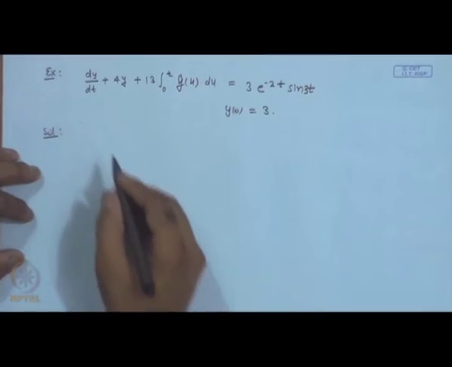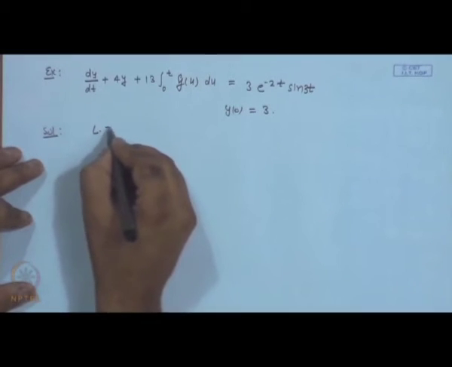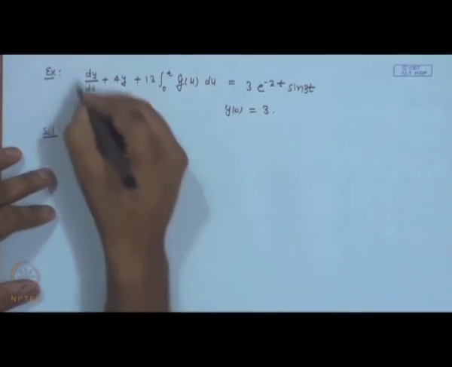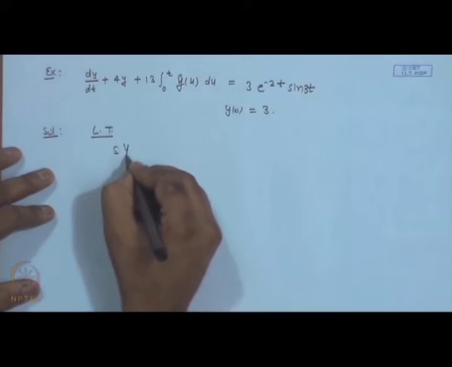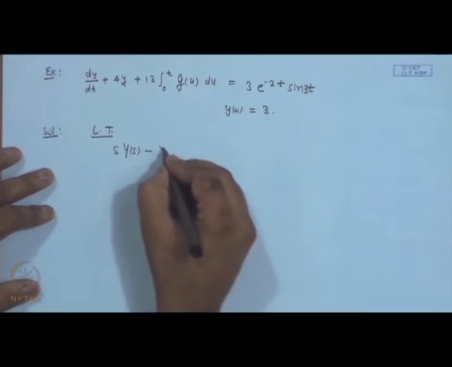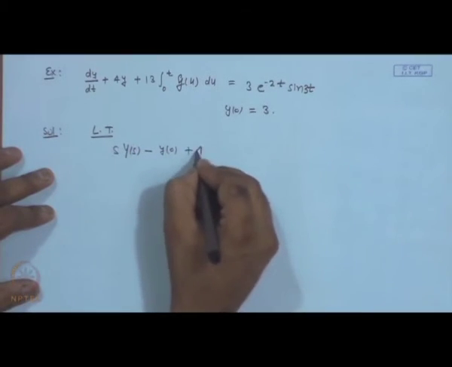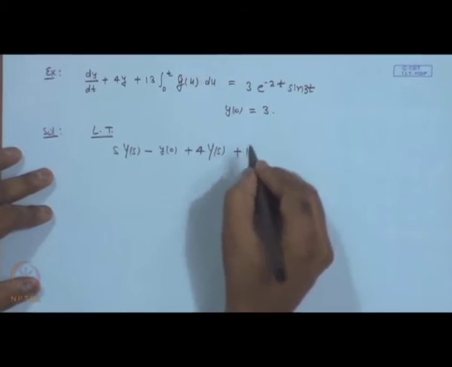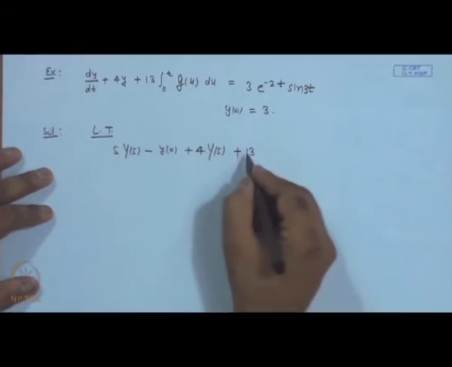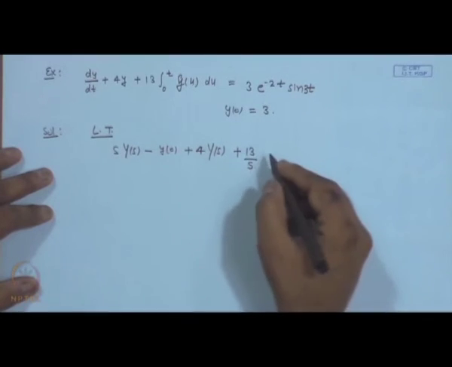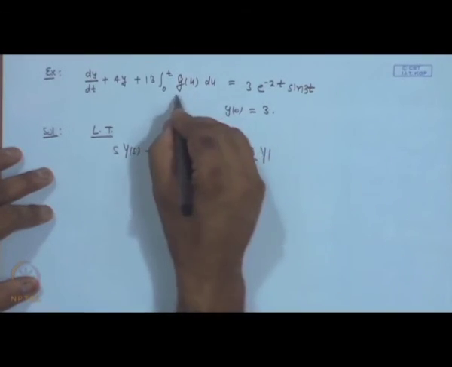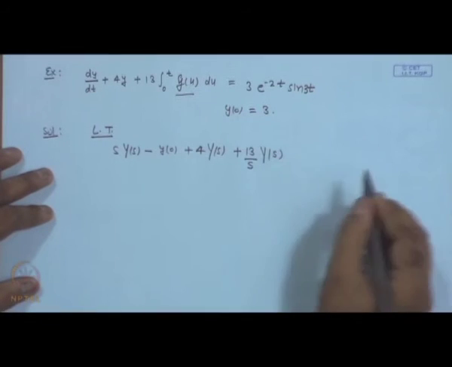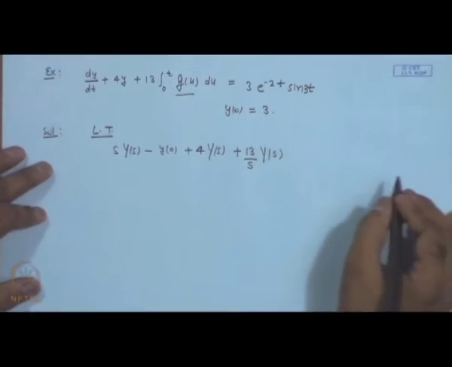Now we go along with the same steps. So, we have the Laplace transform. Here we have s times the Laplace transform of y minus y(0), plus 4 times the Laplace transform of y, and plus 13 times the Laplace transform of this integral, and that is just 1 over s times the Laplace transform of y. That was a property we discussed in the Laplace transform.